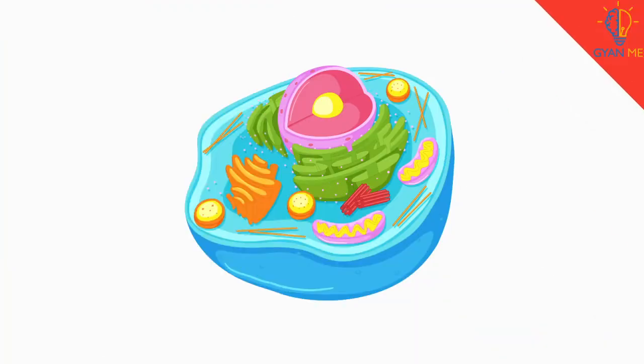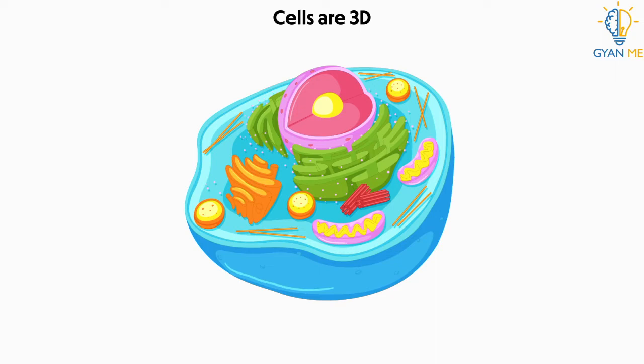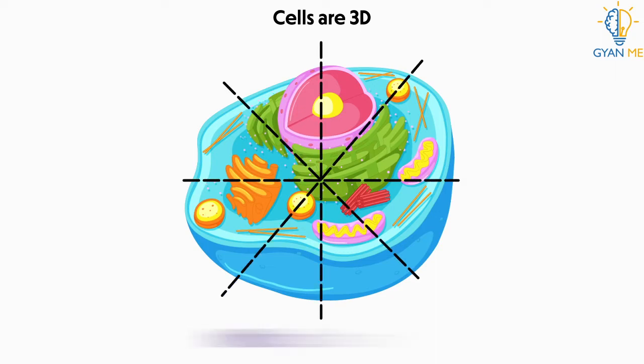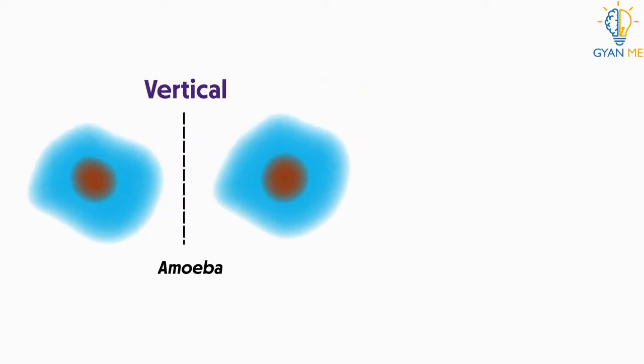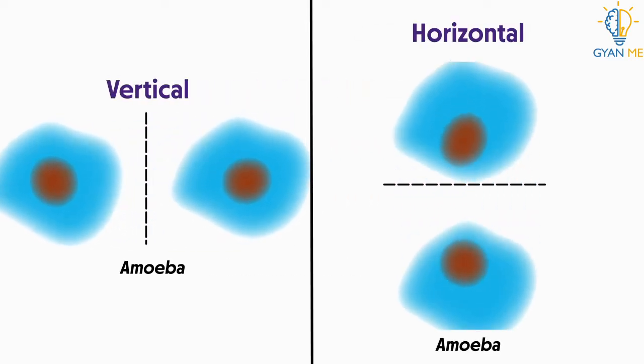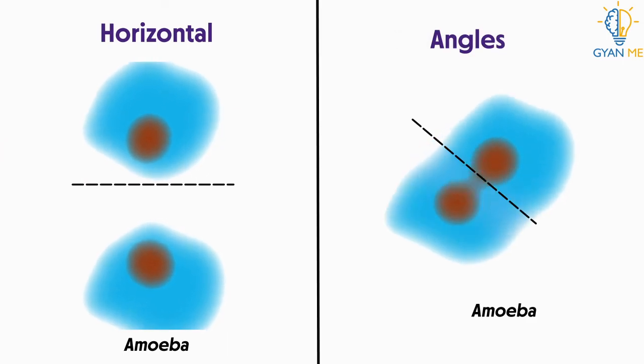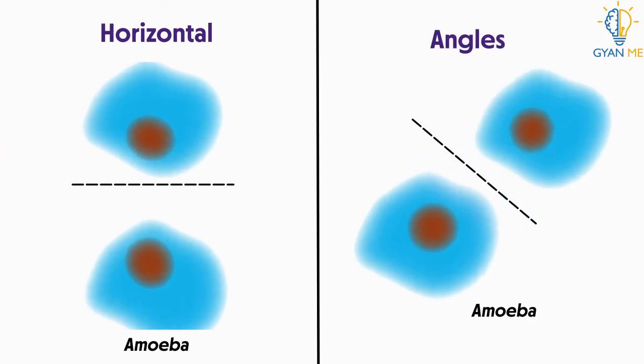But the problem with cells is that they are 3D, and the splitting of a cell can happen in multiple planes. For example, in a cell like amoeba, which has no shape, splits can happen in any plane, like this vertical, or like this horizontal, or like this at angles, or obliquely.